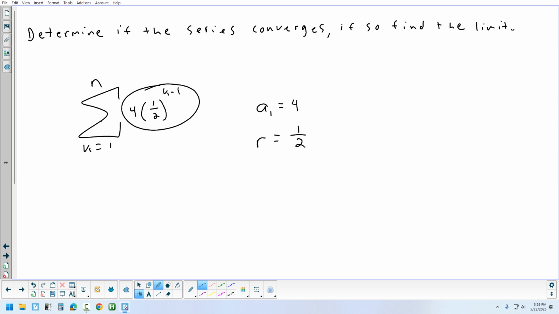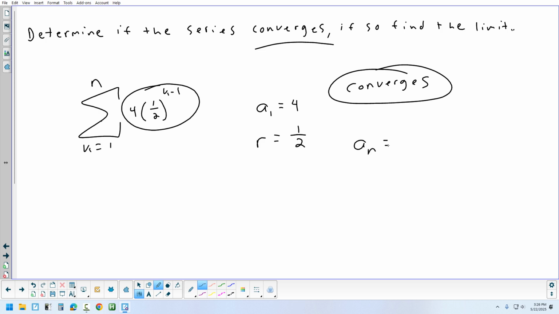What does the R value have to be between for it to converge? Yep, between 1 and -1. Is our value between what you just said? Yeah, so this will converge. So that's the first part. It does converge.